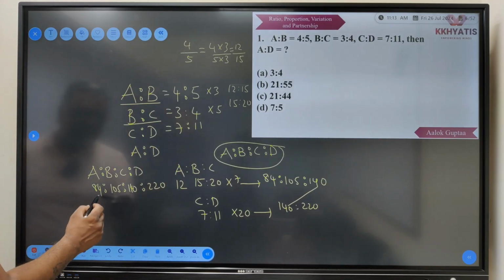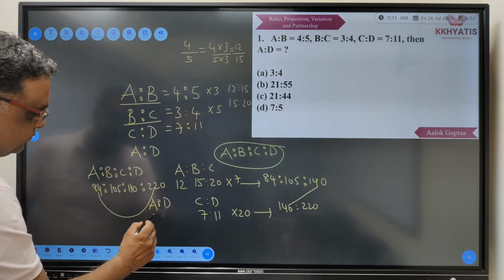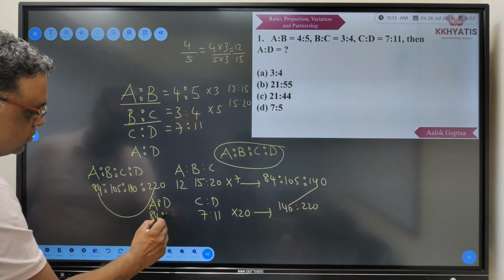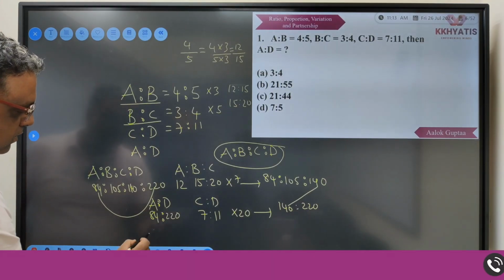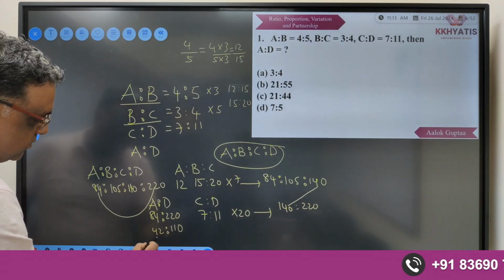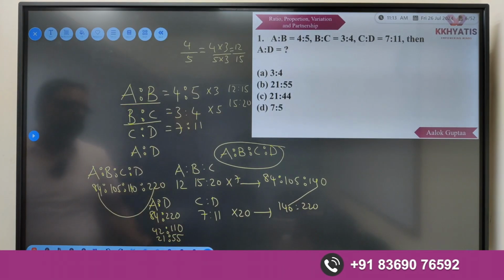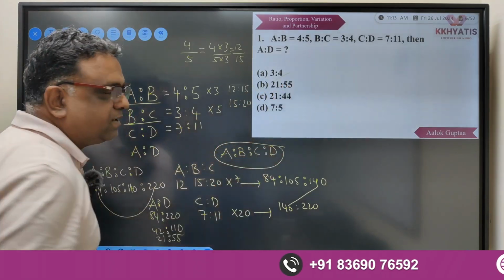Now I have to find the ratio of A is to D. So A is to D is 84 is to 220, correct? Which will be 42 is to 110, which is 21 is to 55. So 21 is to 55 is the correct answer.